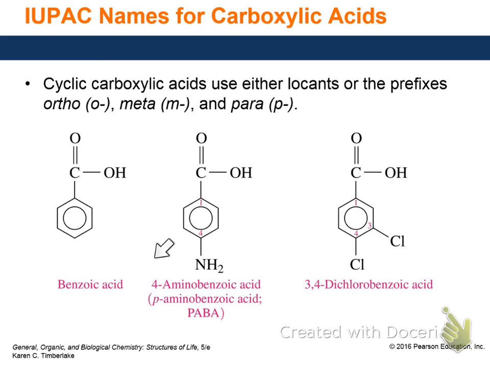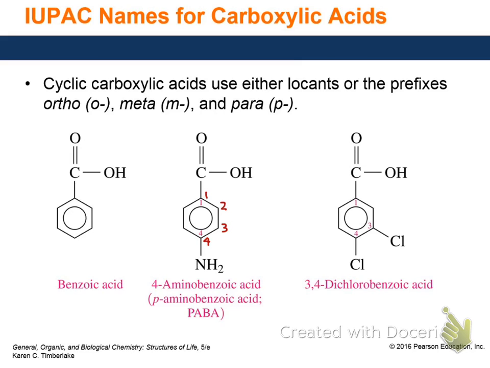Let's see, dichlorobenzoic. Actually, this is closely related to the stuff that's in toilet bowls, but it's not the stuff in toilet bowls. And if you'll notice, when this is the parent, the number 1 is always placed where the carboxylic acid is attached. And so then you count around on these rings. This is 1, 2, 3, 4.